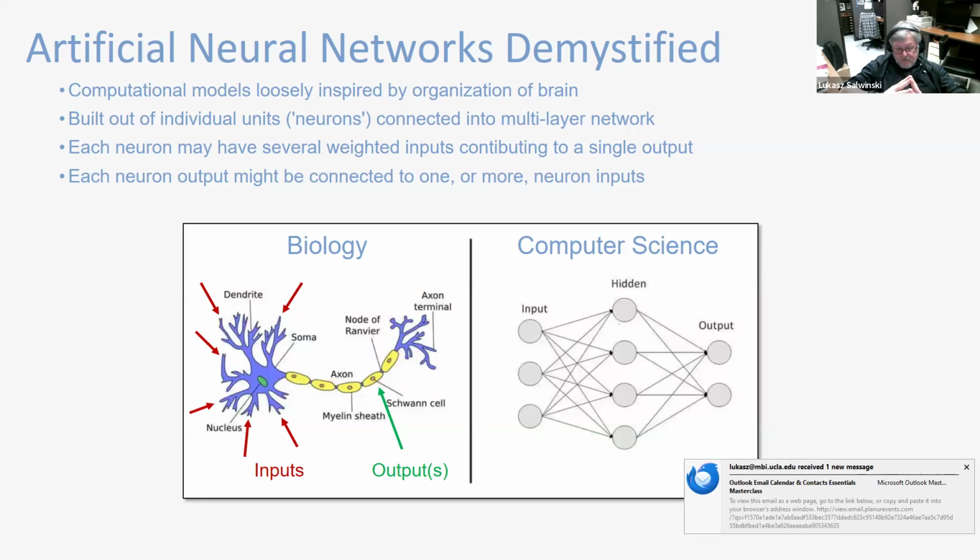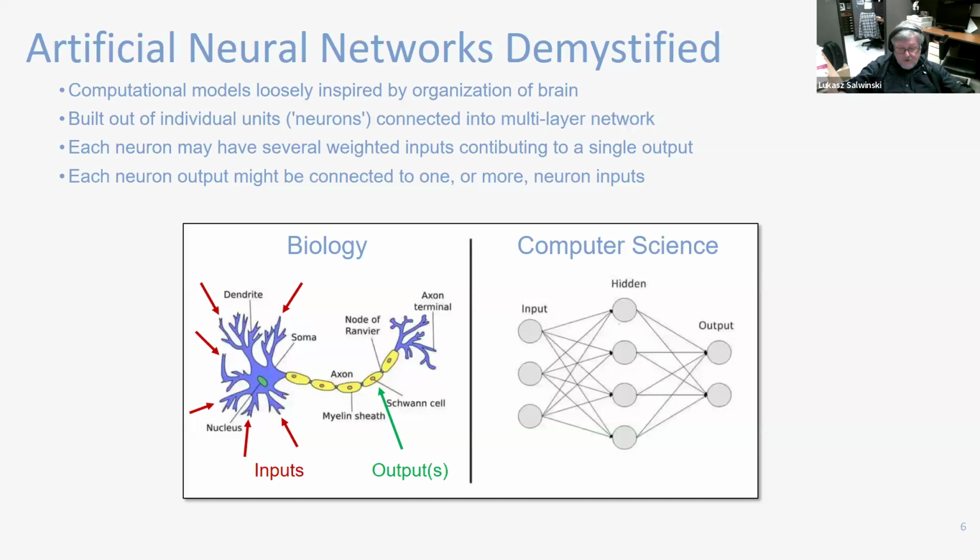It can be used for image analysis, for protein structure prediction, for speech analysis. ChatGPT is another application. So there are very diverse applications of neural networks, but the core methodology is the same, and the idea is taken from biology, from the way the brain, the nervous system, is organized.